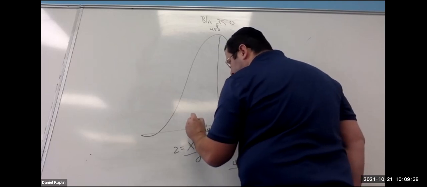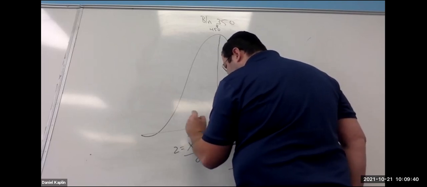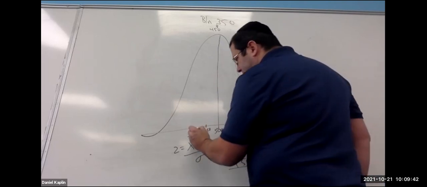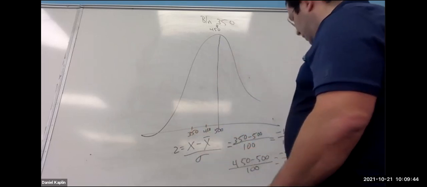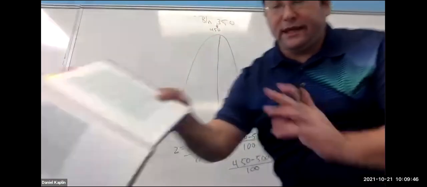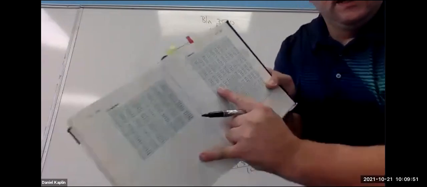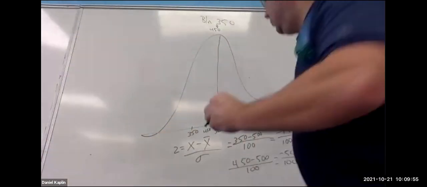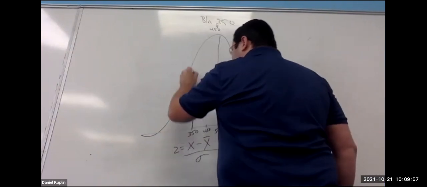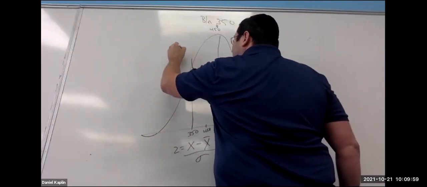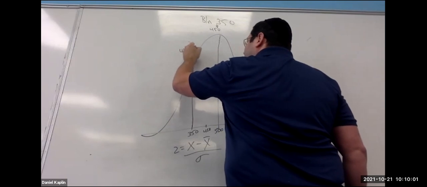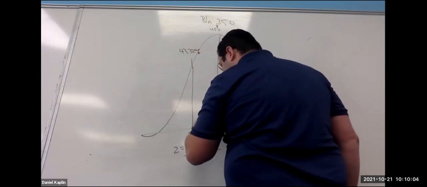Okay, so the percent of cases for the z-score of minus 1.5, go to my table, 1.50 is 43.32. So no problem. I'm going to plot that as 43.32%.